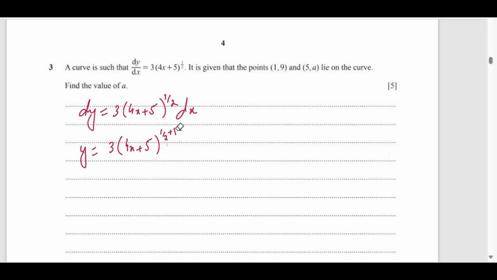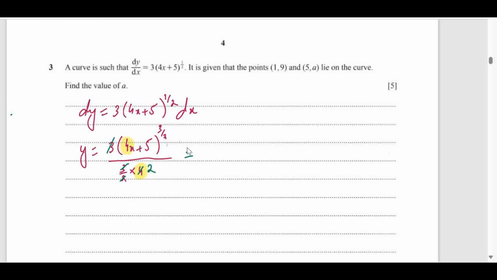Let me write it directly: this will be 3 by 2 divided by 3 by 2 into 4, because whatever coefficient we have with x, we have to write it over here. Now if we simplify it further, we can cancel out these two. 2 ones are 2 and 2 twos are 4.